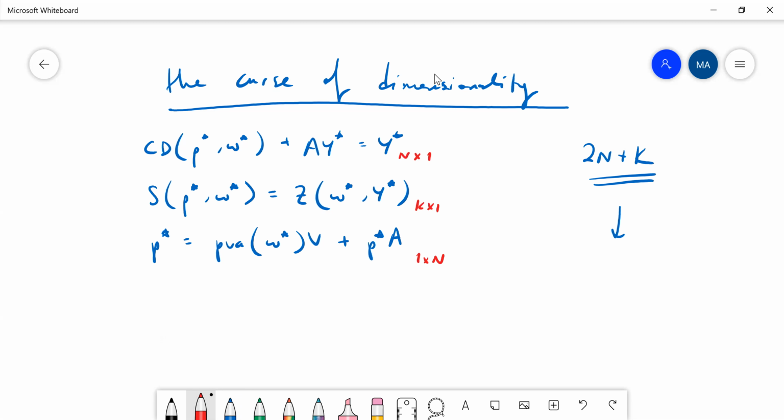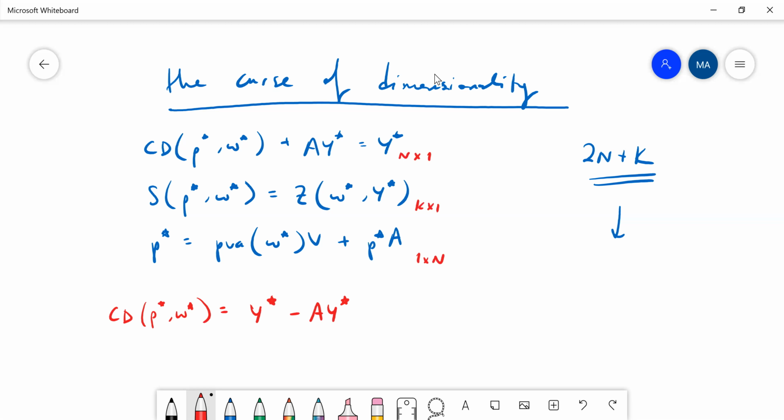So in the first equation, I can write this as CD. Okay. So what do you see here?